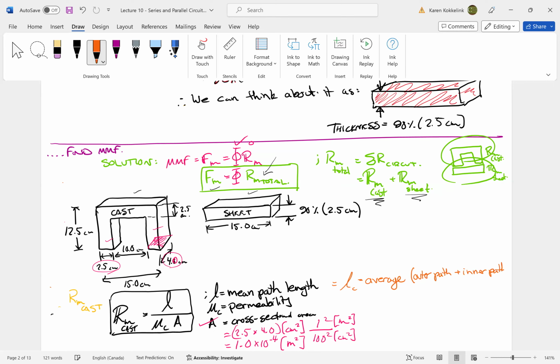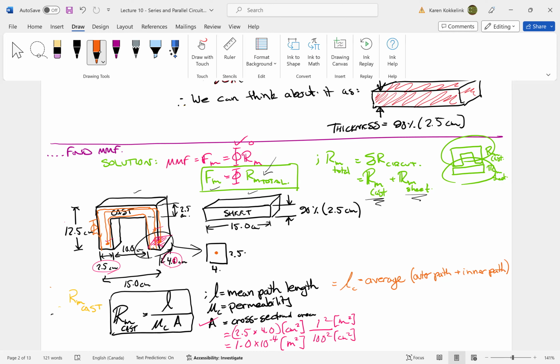And there's lots of ways to calculate that, but it's going to have to be in the center. So if I were to look at this head on, then this is a 4 by 2.5, then that mean path length is right in the middle here. Lots and lots of ways to figure out where that mean path is traveling.